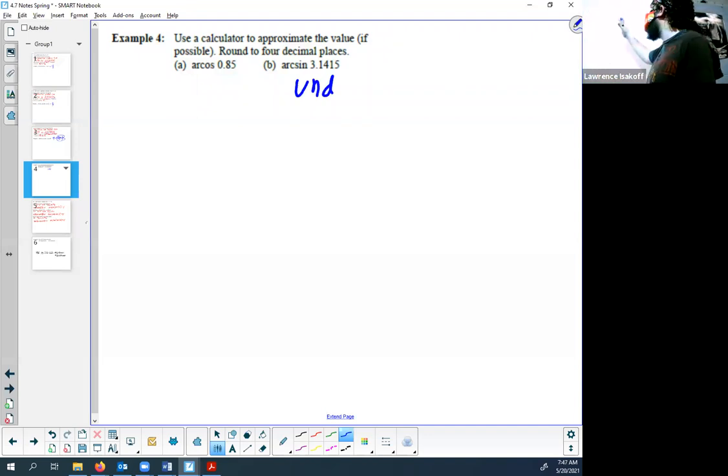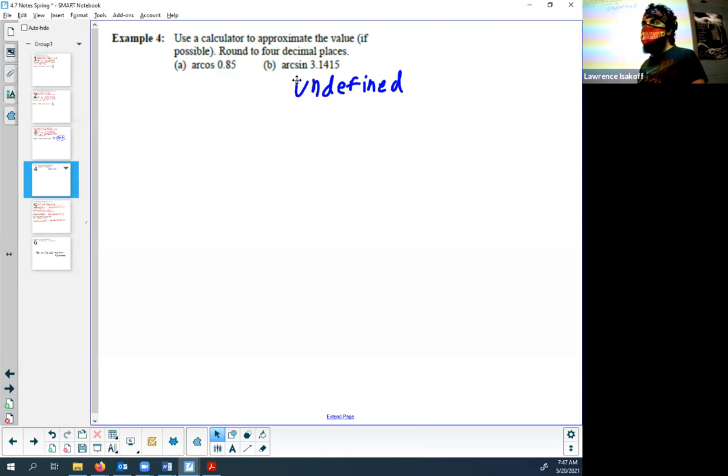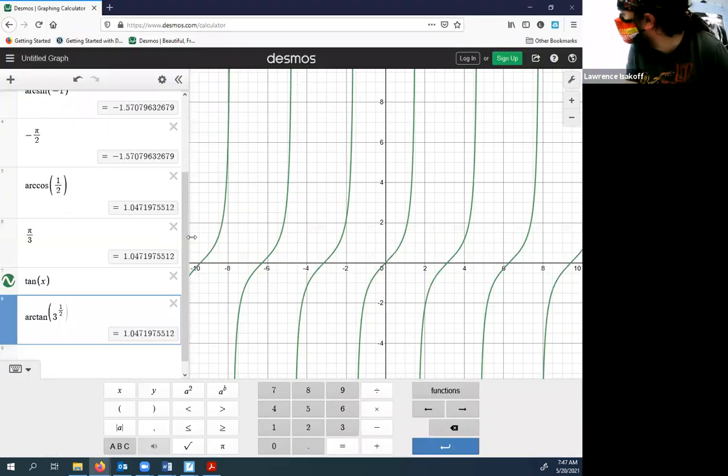For arc sine and arc cosine, you need to have numbers inside between -1 and +1. But for A, if I'm just given that as a decimal, I don't know where that decimal is on the unit circle. I'm just going to have to type it in the calculator.